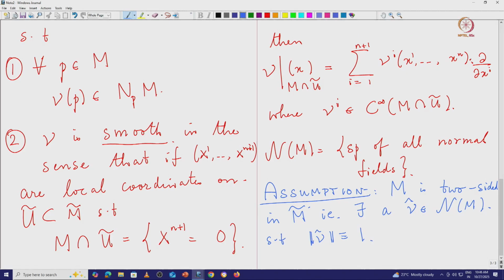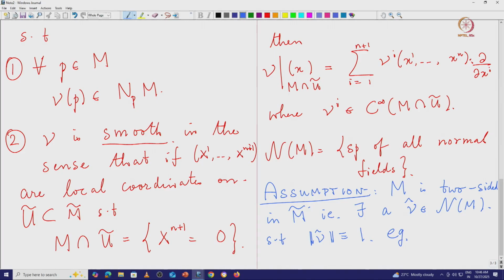So M being two-sided, at least for me, by definition just means that there exists a unit normal vector field along M. An equivalent definition is that there is a normal vector field that never vanishes, so then you could just normalize by the norm of that vector field at each point to get a unit normal vector field, right.